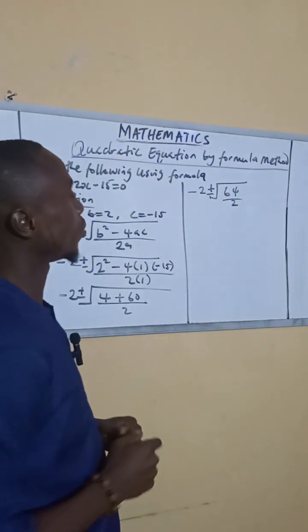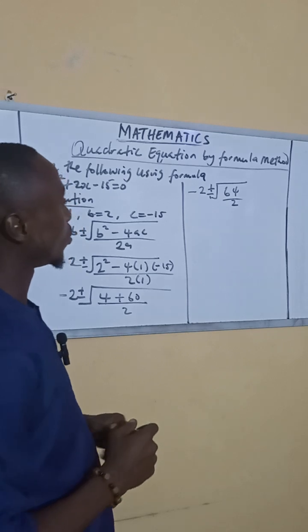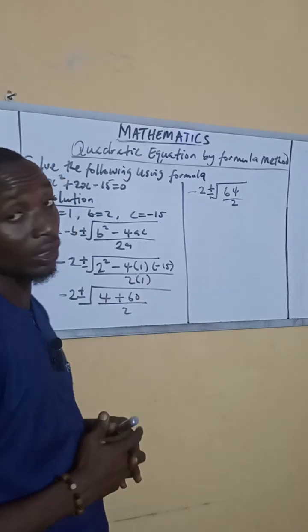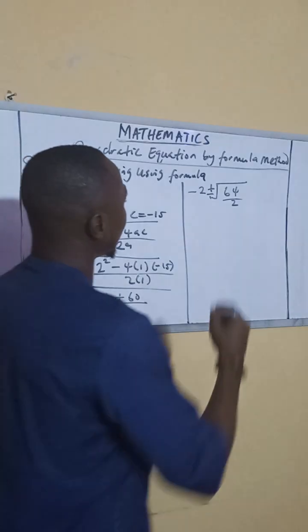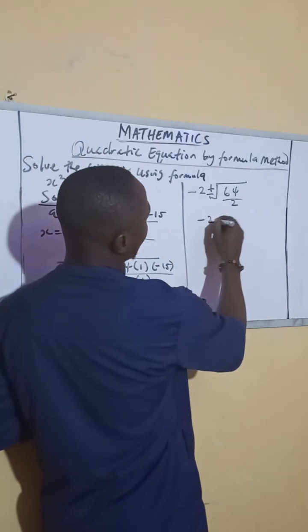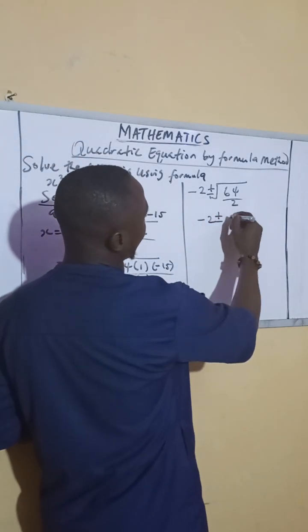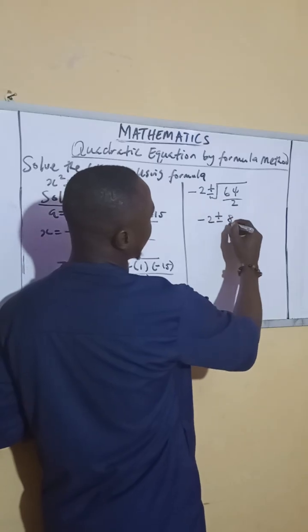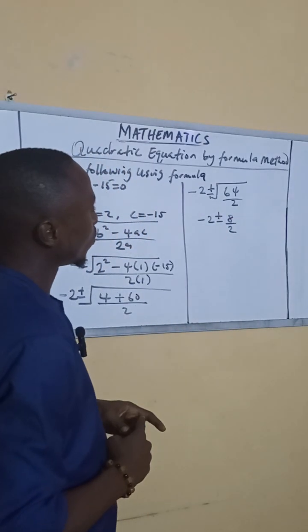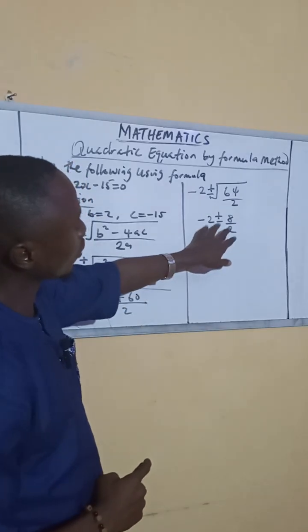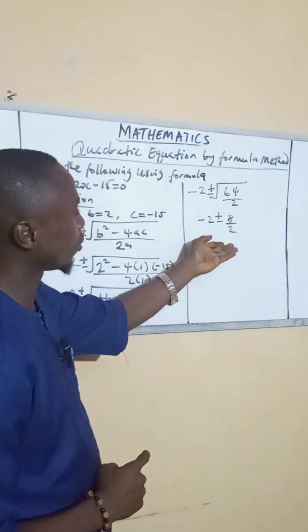So what is the square root of 64? The square root of 64 will give us 8. Now, having gotten that, we say minus 2 plus or minus 8, which is our square root, over 2.